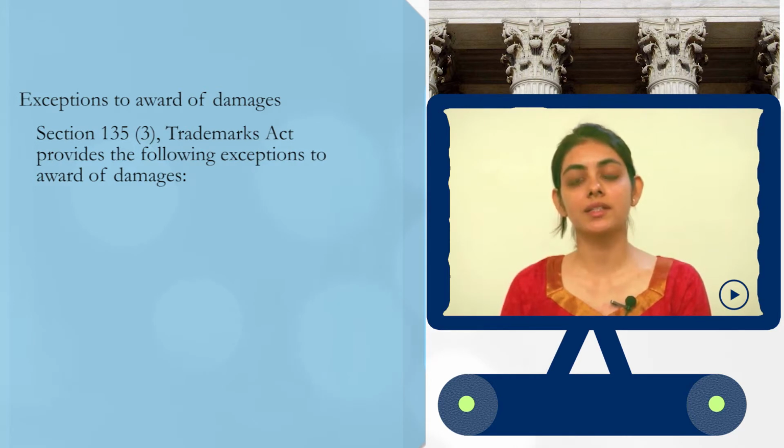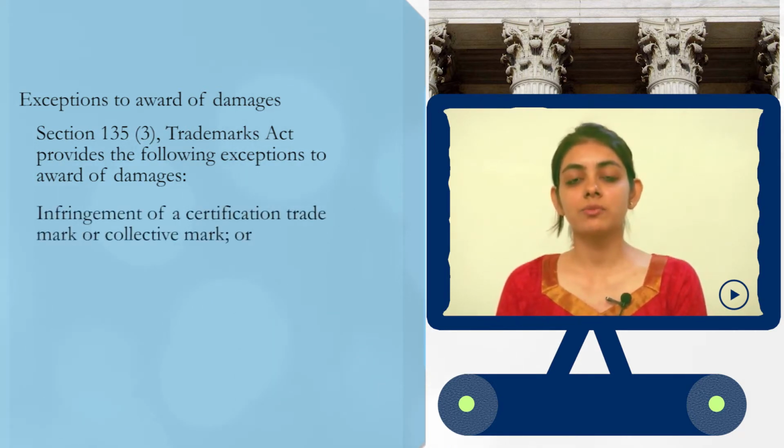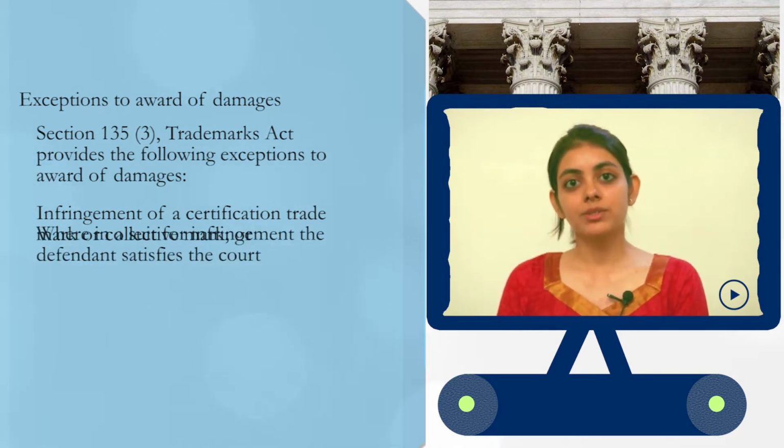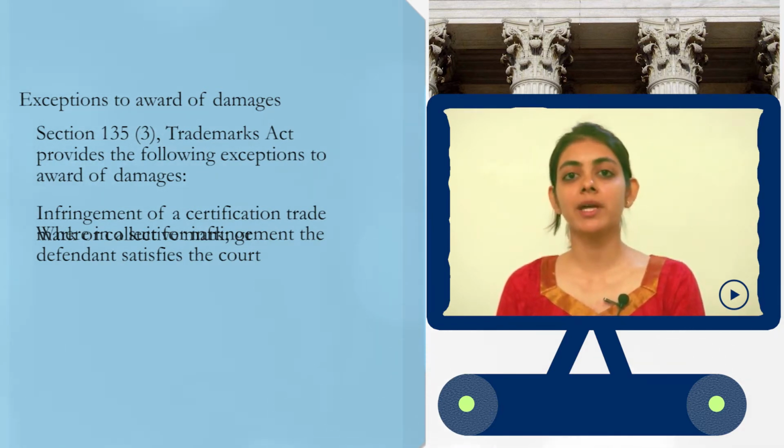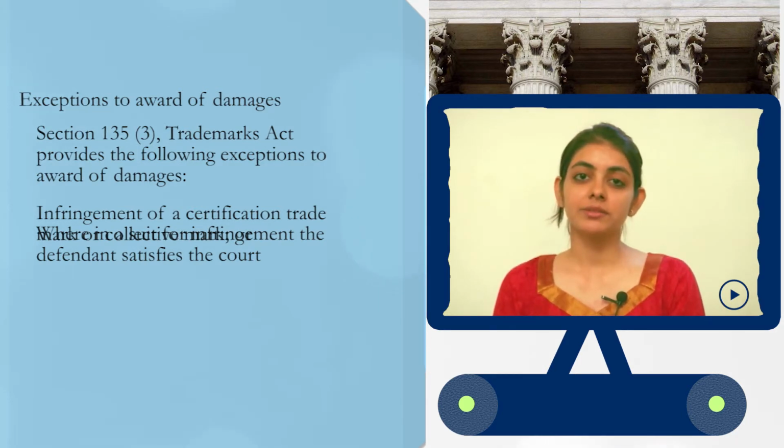Now, these cases include cases of infringement of a certification mark or a collective mark, or where the defendant is able to prove that infringement or passing off was not willful. Now, what do we mean by willful? Here, the defendant will have to satisfy at least two things.